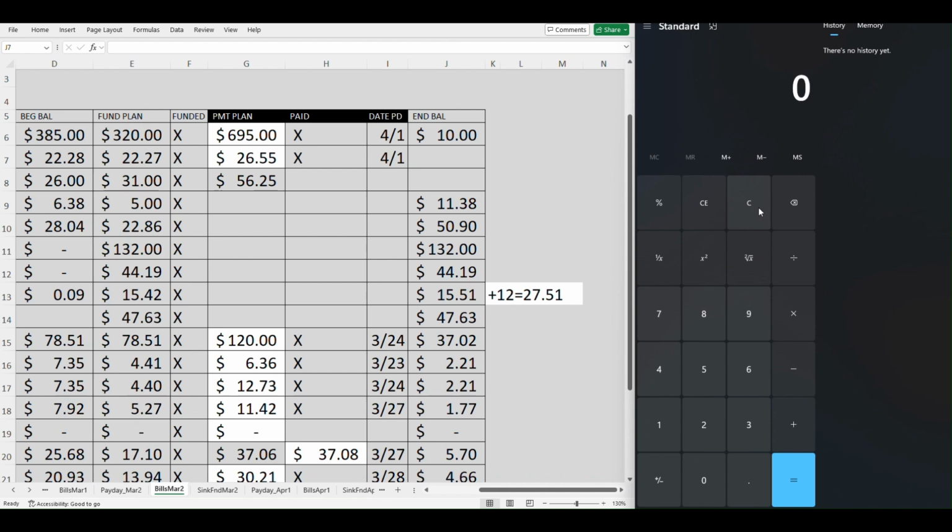And then the second line, which is Patreon, I've got an ending balance of $18. Third balance, I'll just take the beginning balance plus the funded plan, but I'm not going to take the payment out yet because that payment will happen on the next paycheck. So that's $57 that I have in there.